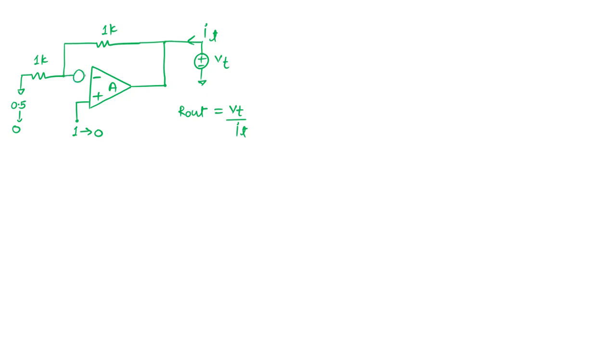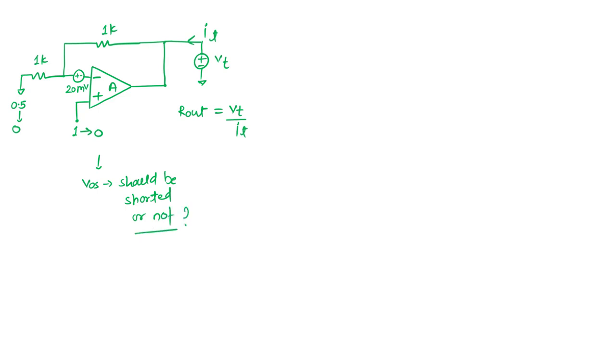Then what we can see, we can make the input zero, but the offset should be there. It is uncontrolled, or we can say it is already inside the device. But when we are looking at this output impedance calculation, whether it should be zero or not, VOS should be shorted or not.